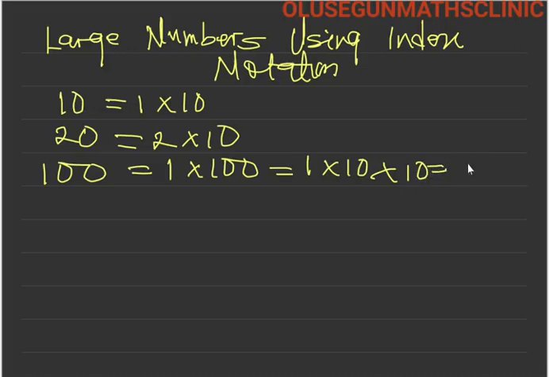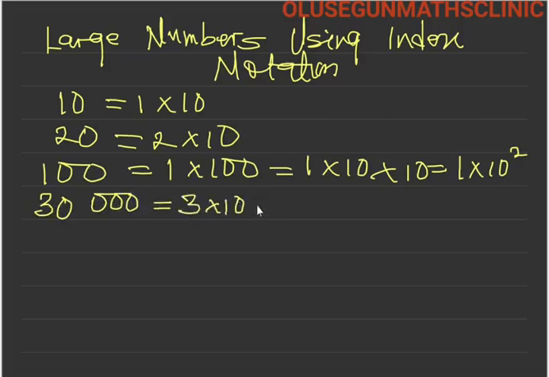The 10 comes in two forms, so we have 10 squared. We also have 30,000, which can be written as 3 times 10 times 10 times 10 times 10.